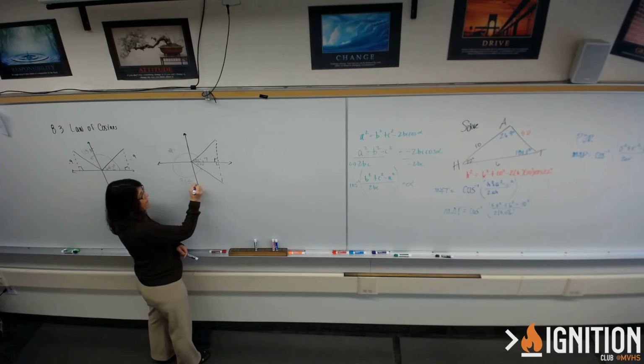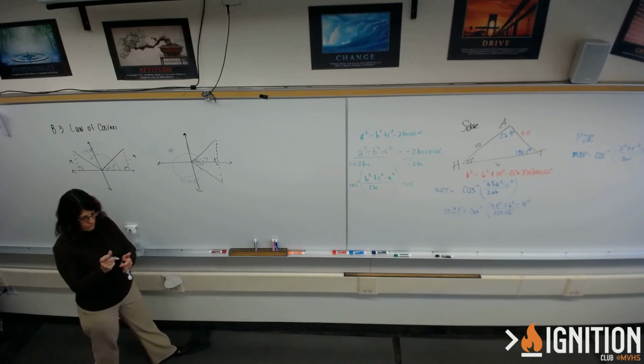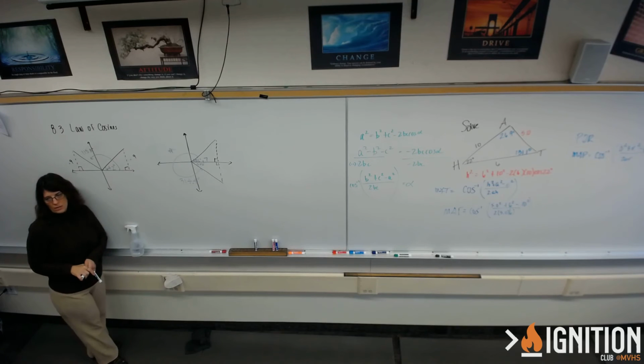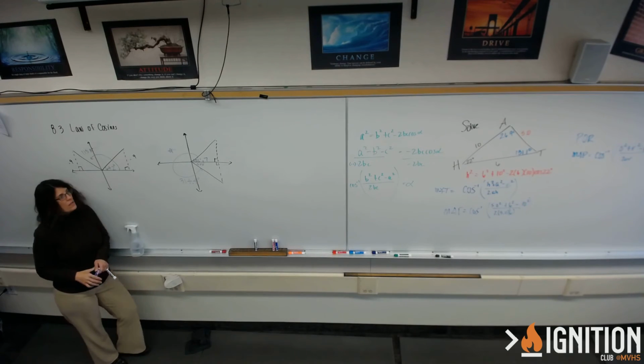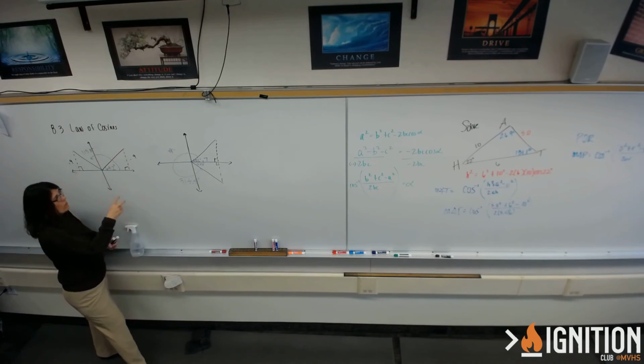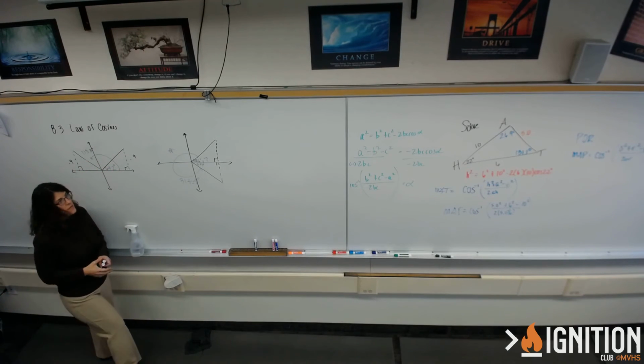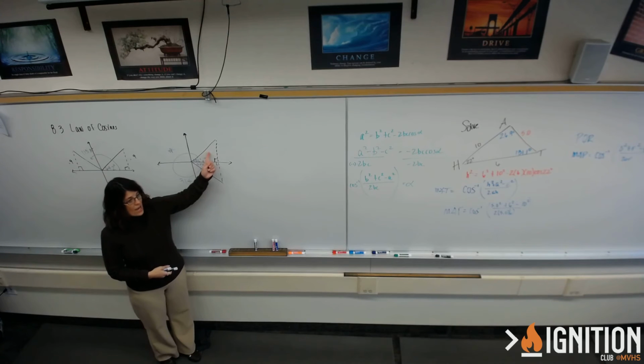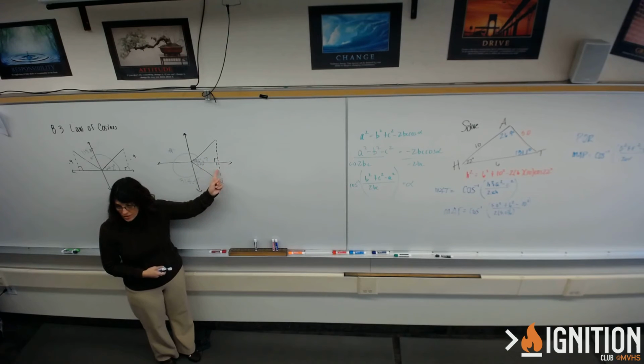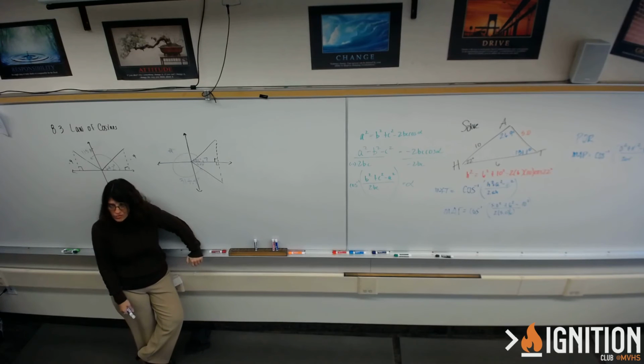What's wrong with that? It doesn't fit in a triangle. Sine, positive in 1 and 2, 0 to 180, potentially fits. Cosine, 1 and 4. A quadrant 4 angle does not fit in a triangle.